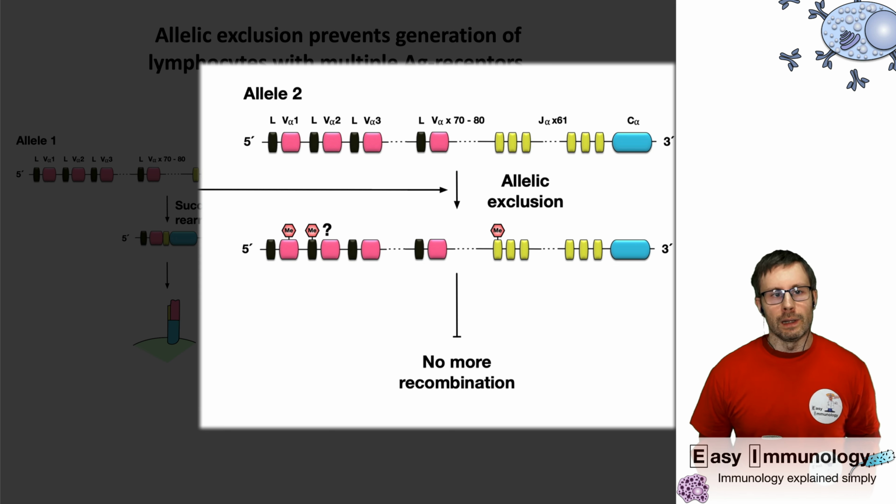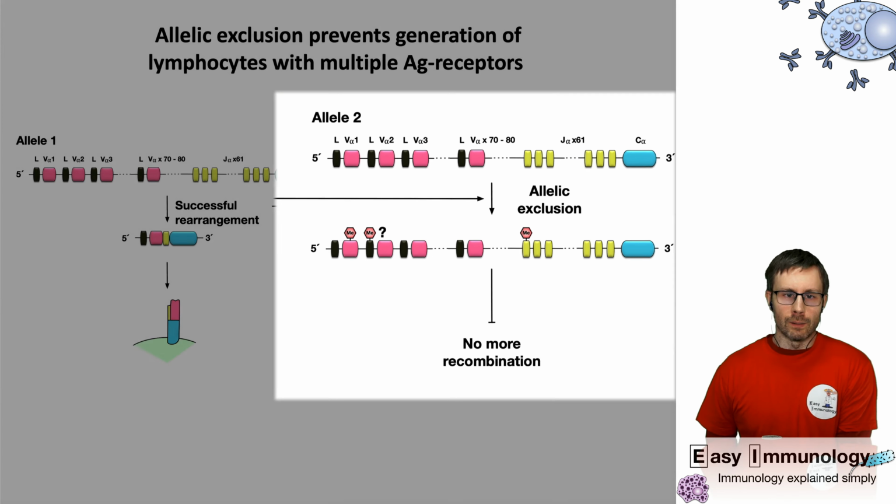And this is called allelic exclusion, that only one set of genes is always recombined. If it doesn't work in the first chromosome, the cell can try again with the second one. But if it doesn't work with the second one, then the cell has, in German we say, Pech gehabt. It didn't work, and then the cell usually dies, and then we have to try again with a new cell.